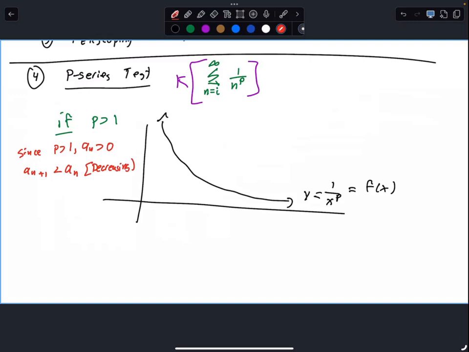The other thing that must also be true, finally, is that the limit as n approaches infinity of a sub n will also equal 0. Now, why am I noting this? Because as I mentioned in the last class, there are certain conditions for the other tests that you must double check. And for this test, by calling it a p-series and saying p is greater than 1, all of this information is automatically assumed.